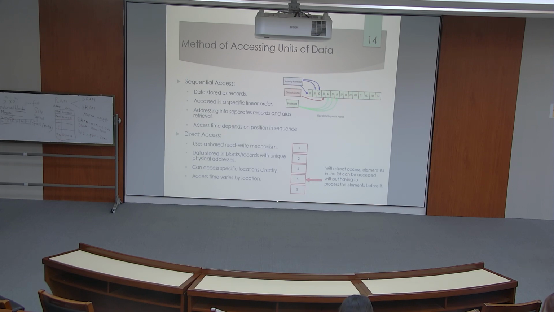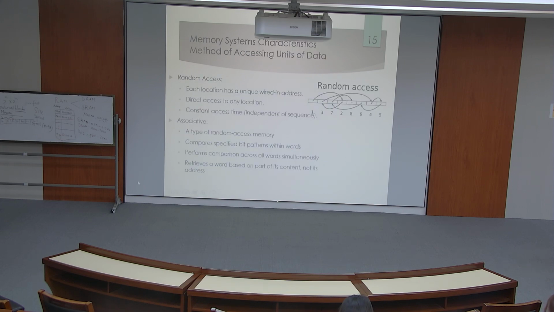Now, the next one is random access. For random access, each location also has a unique address, a unique word-line address. That means there is direct access to any location, as depicted by the picture on the screen.